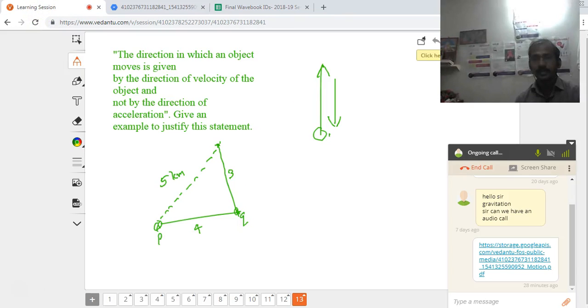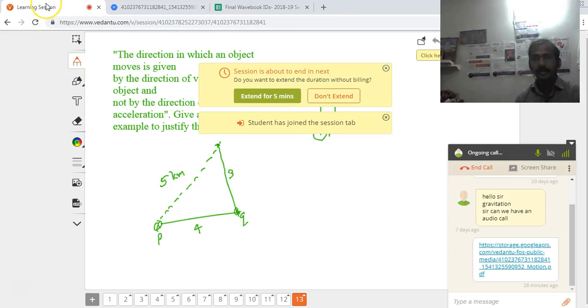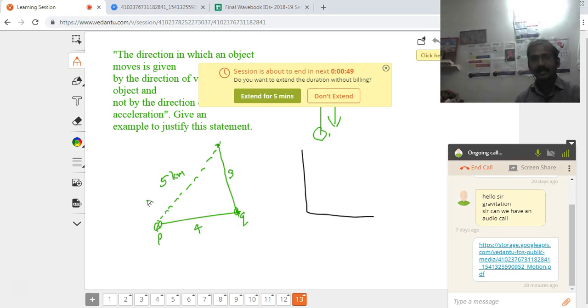Once you see the board, you may understand in a different way. Now this is the Pythagoras theorem. I drew it in my notebook like this. This is 4 kilometers the distance.